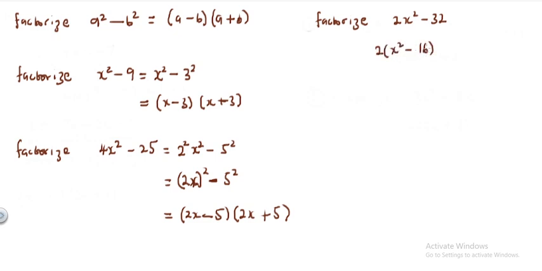This can be written as a square term. So this is equal to 2, open brackets, x squared minus 4 squared. We have a difference of two squares, so we can write this as 2, open brackets, x minus 4, x plus 4.